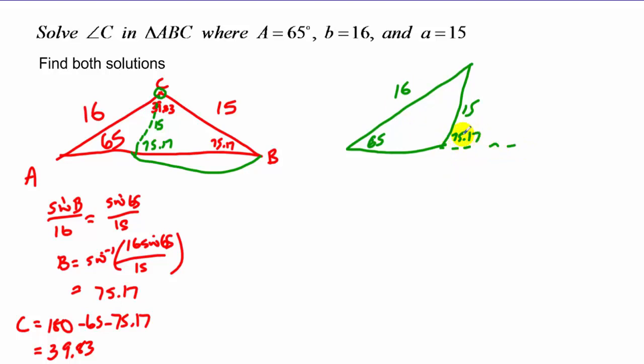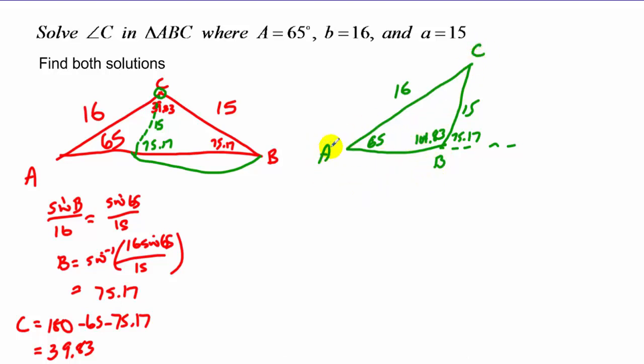So now if I subtract from 180, I end up with 104.83 as this angle down here. This is my new B, if you will. And then I can find my new C by subtracting from 180 again.